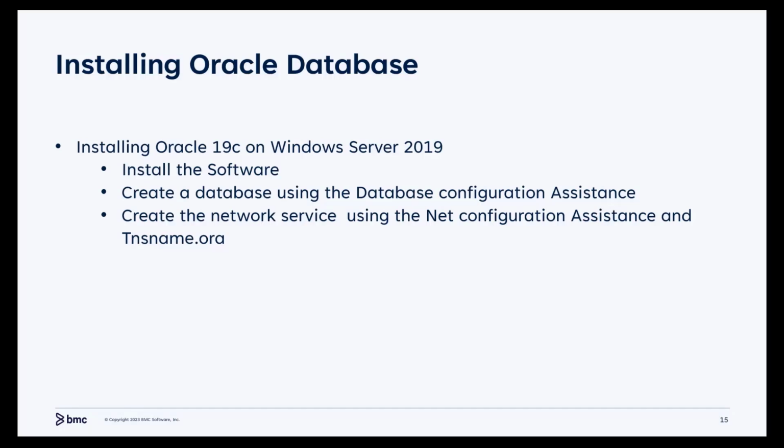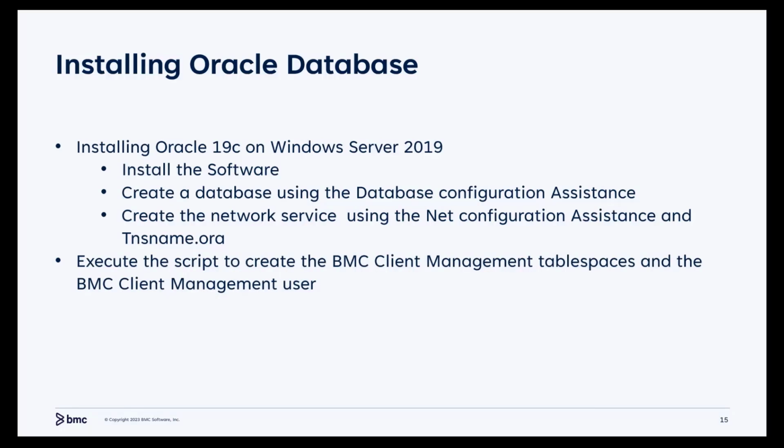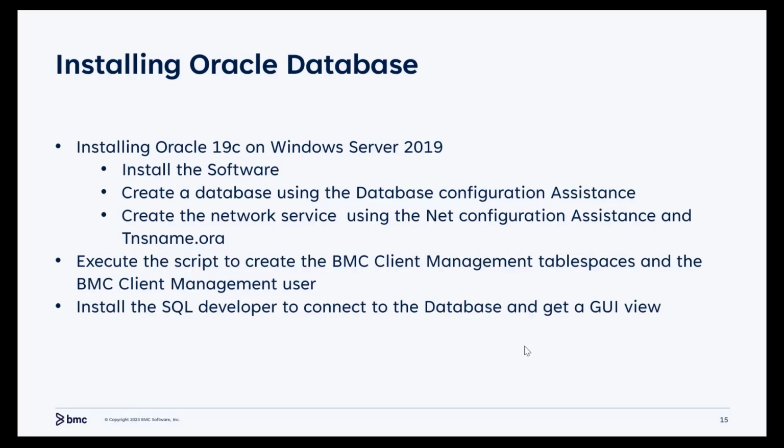Throughout this process, we'll retrieve the details from the tnsnames.ora file that gets generated in the Oracle home directory. Once completed, we will execute the script to create the BMC Client Management tablespace and the user to connect to it. And finally, we'll install SQL Developer to connect to the database and obtain a GUI view. So let's get started.